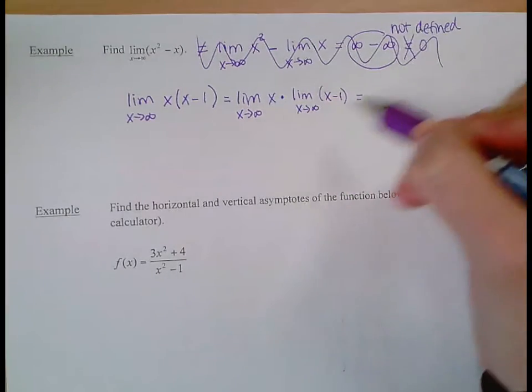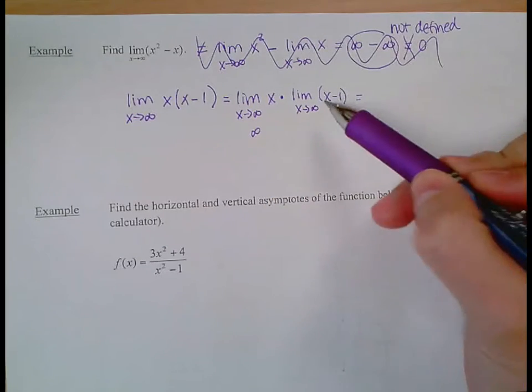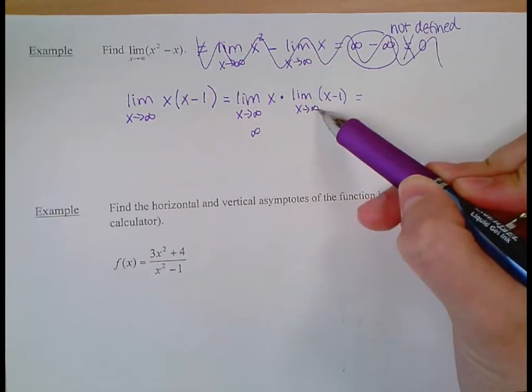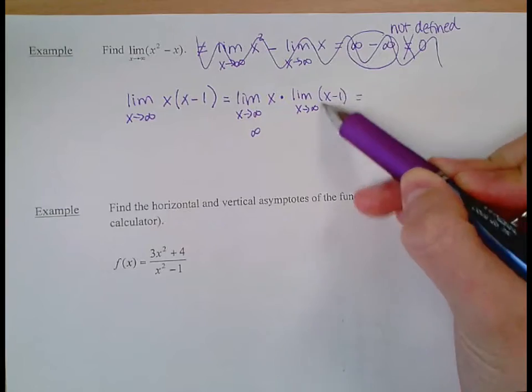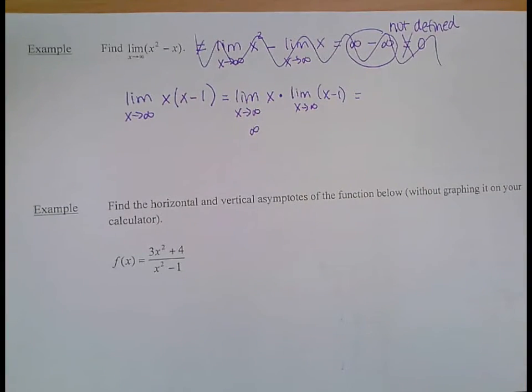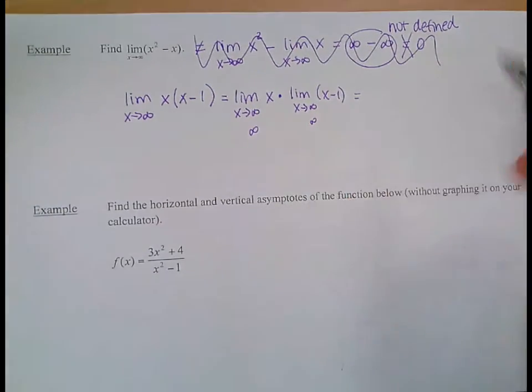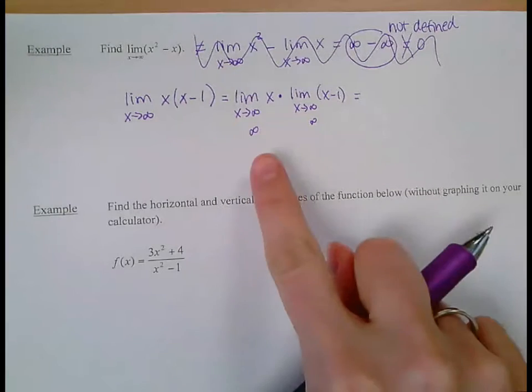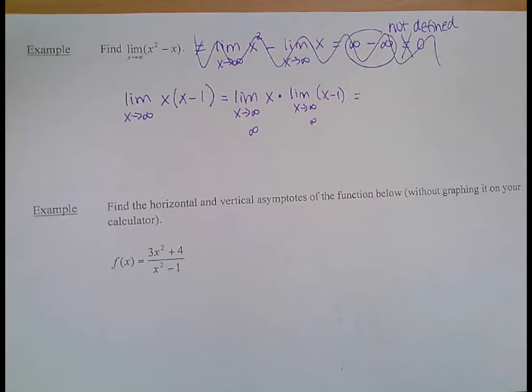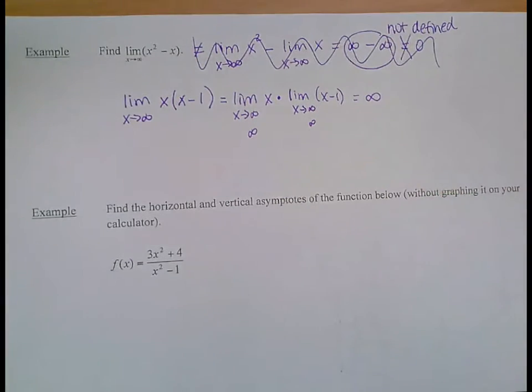And as x approaches infinity, x minus 1 is a very, very large number minus 1, which is still large, so that would still approach infinity. If I multiply two very, very large numbers, it's still very, very large. So this limit is infinity.